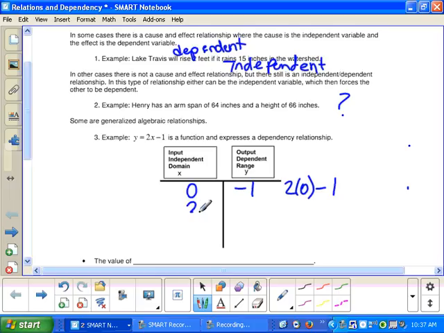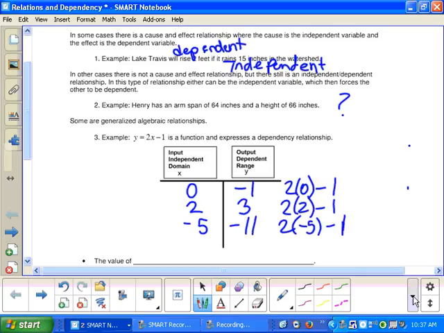What if x is 2? What are we going to get? 3. Make it harder. What if it's negative 5? It's going to be negative 11. So negative 10 minus 1.